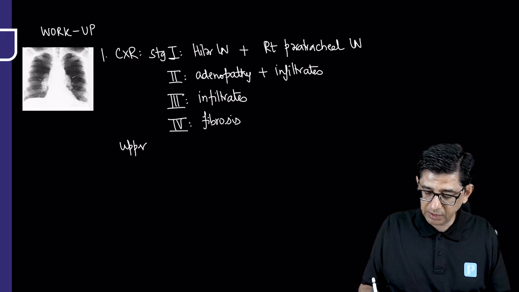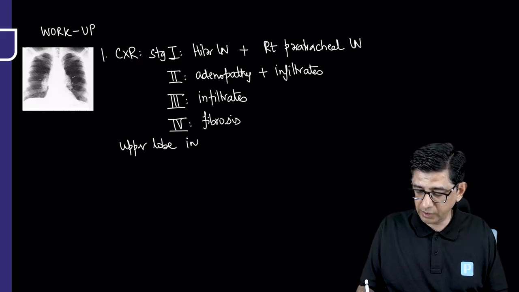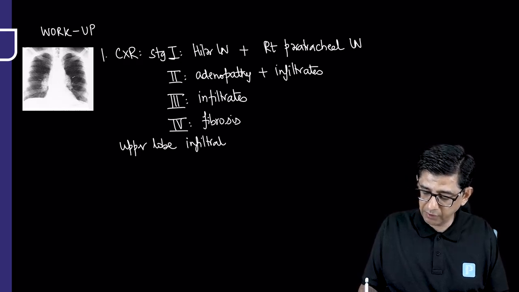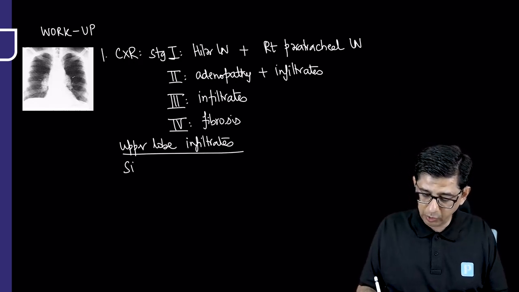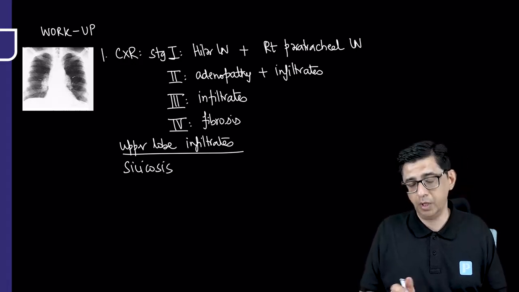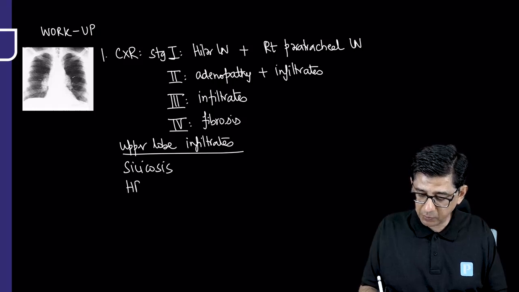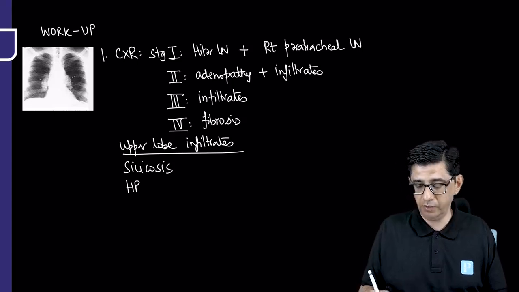Like I said, this disease has a predilection for upper lobe infiltrates. So let's make a list of those conditions where we traditionally read about upper lobe infiltrates. TB is obviously one of them, but the commonest occupational lung disease in India, silicosis, also causes upper lobe infiltrates. Then there is HP, hypersensitivity pneumonitis, also called extrinsic allergic alveolitis.